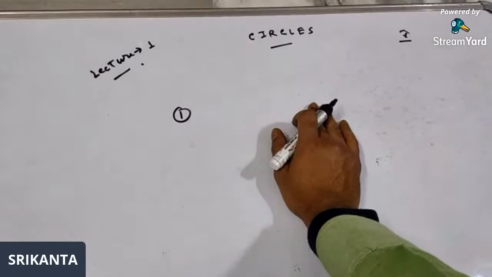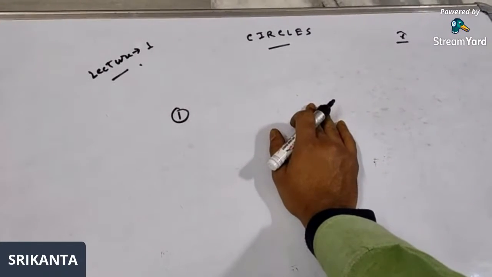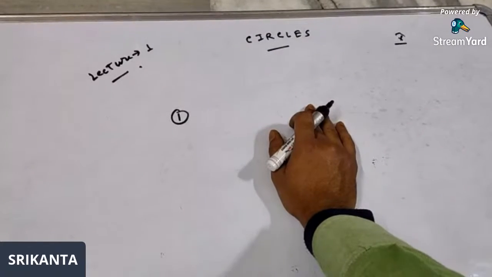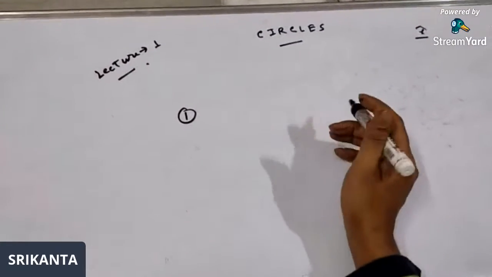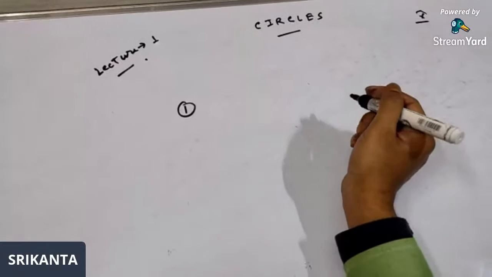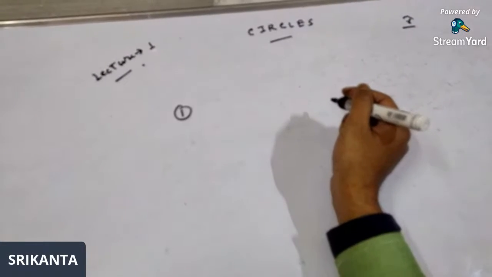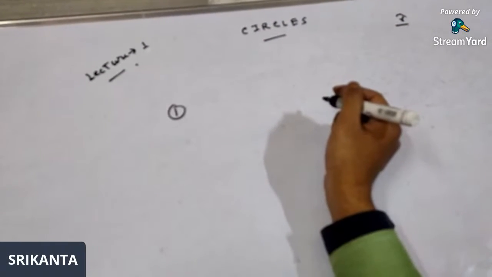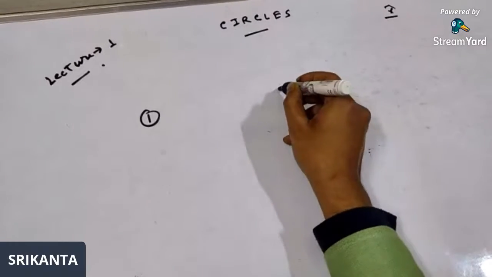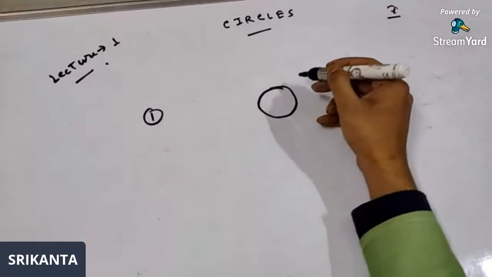Question number 1 says from a point Q, the length of the tangents to the circle is 24 centimeter and the distance of Q from the center is 25 centimeter. They are asking the radius of the circle. This is the figure.